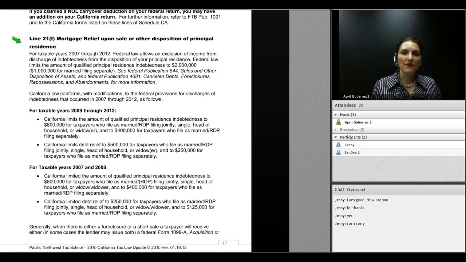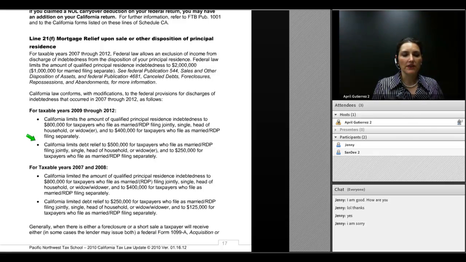And California follows those provisions a certain amount. However, there are differences. At the federal level, the maximum amount of qualified indebtedness that you could exclude is $2 million. But California allows for much lower limits. The maximum value or cost of the house that is sold is $800,000, and the maximum amount of debt relief is $500,000 for tax years 2009 through 2012.